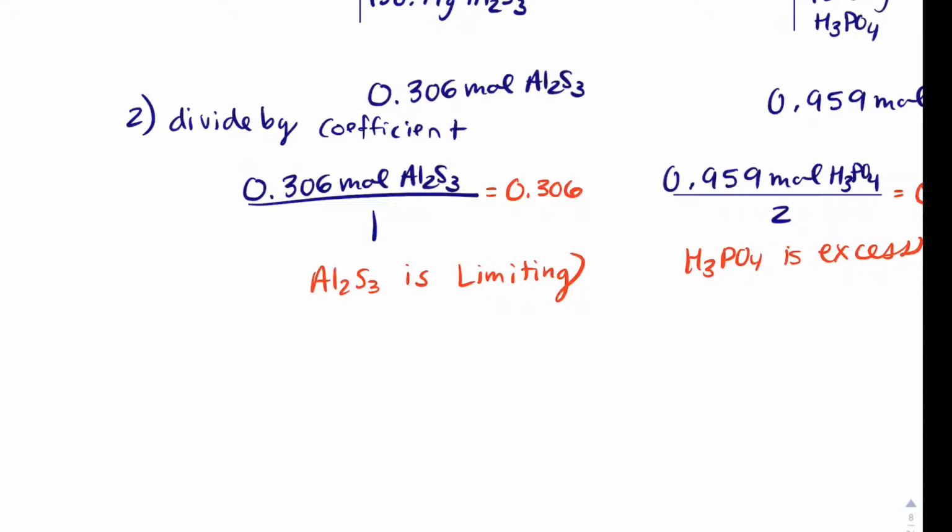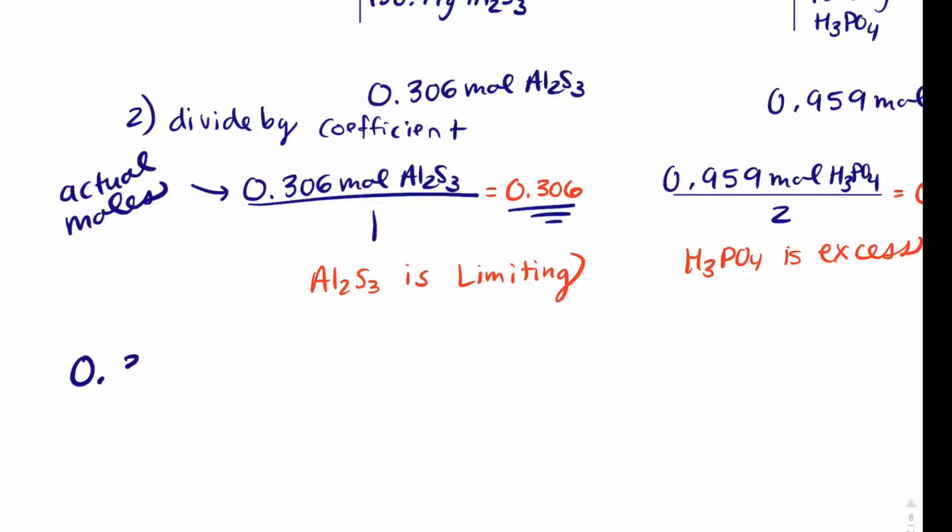Whatever the problem may ask, I always use my limiting reactant. But I'm given 0.306 moles of Al2S3 and 0.306 in red, and so I've got to remember the actual moles are what I use, because the only reason 0.306 in red was is because the coefficient of aluminum sulfide is 1. So I want to always make sure I use my actual moles.